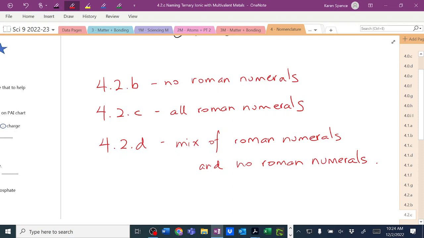What do you use to find the Roman numeral? So what you do is you would say, how many NO3s do I have? Just one. So you say, okay, I've got NO3, and then I've got copper. Now you go look up the NO3, and you figure out what its charge is.